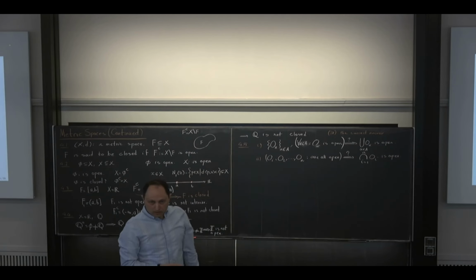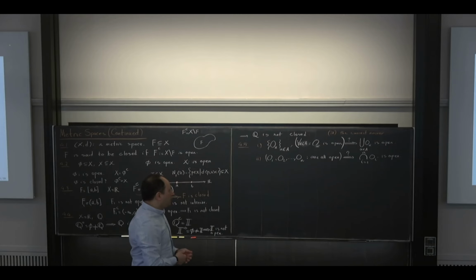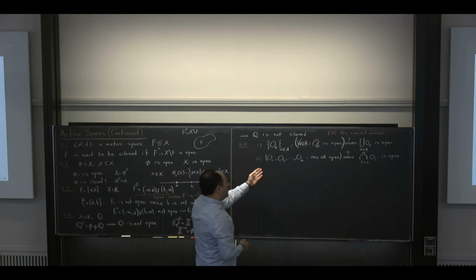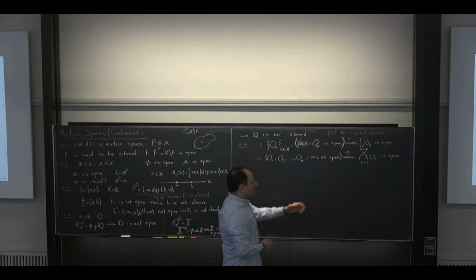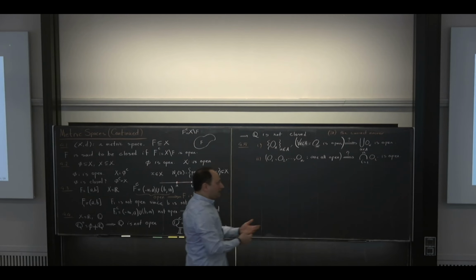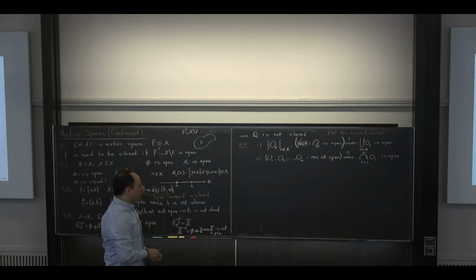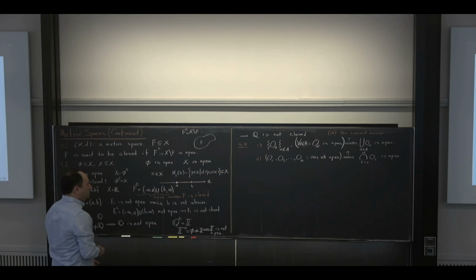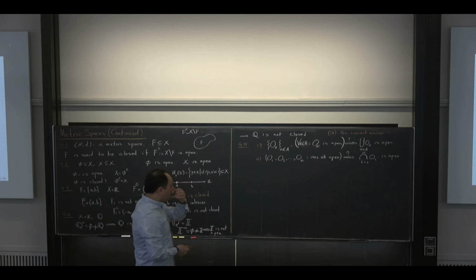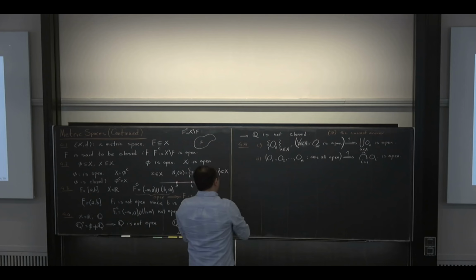And then the question is, can you give a counterexample that if I go beyond finitely many open sets, this result does not hold? The answer is yes, we will see that as well. Because this is the first main theorem that we want to prove here. So let me try to understand that.